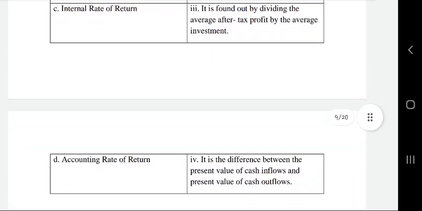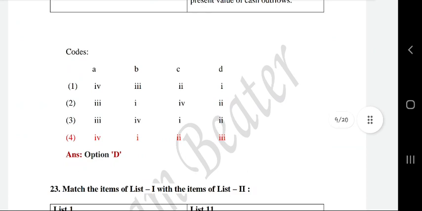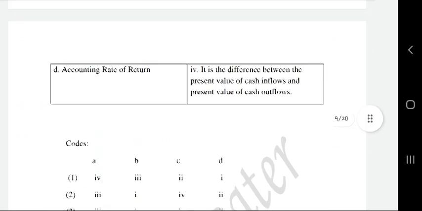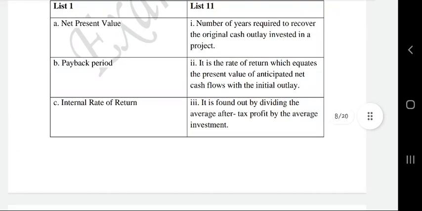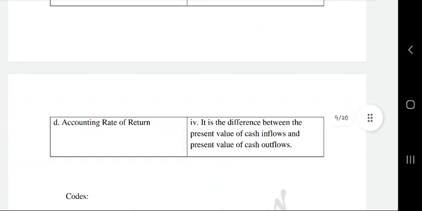Then next, C is 2, internal rate of return. It is the rate of return which equates the present value of anticipated net cash flows with the initial outlay.